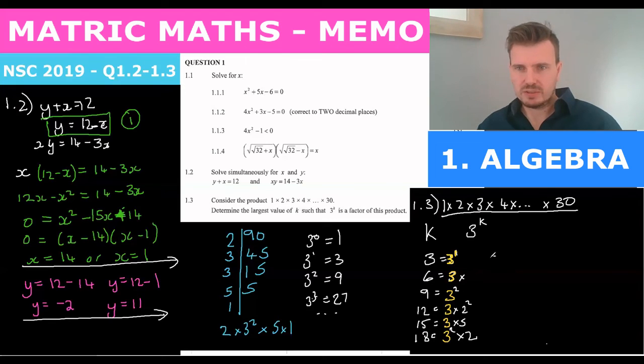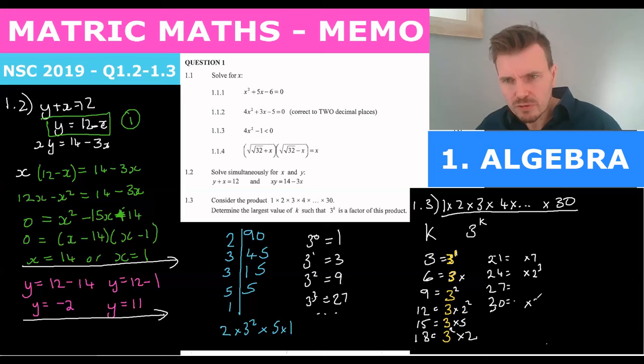We're nearly there. 21, 24, 27, and 30. 21 is just 3 times 7. 24 is 3 times 2 to the 3. 27 is 3 cubed. And 30 is 3 times 5 times 2.